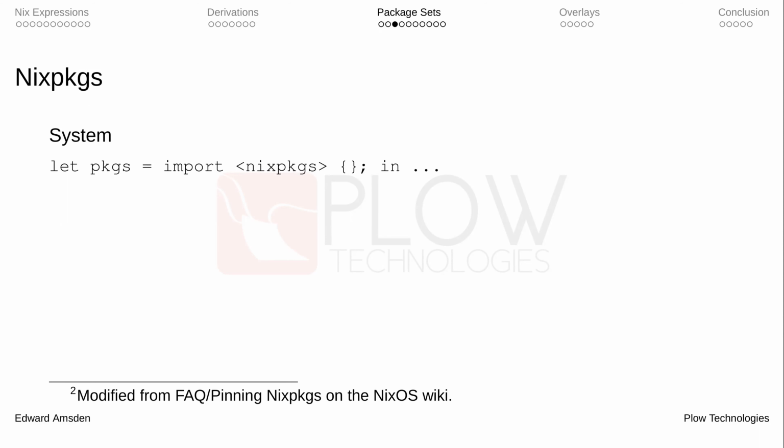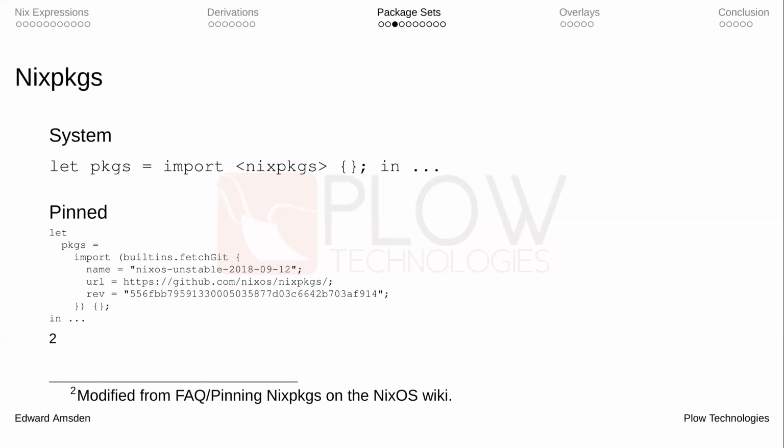More commonly in a development scenario, what you're going to want to do is what we call pinning Nix packages. There's a good discussion of it on the NixOS wiki under FAQ/pinning Nix packages. It's going to look something like this, where you have an import and then you're using either builtins.fetchGit or builtins.fetchTarball.